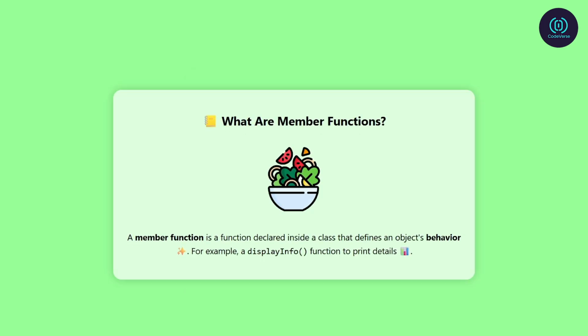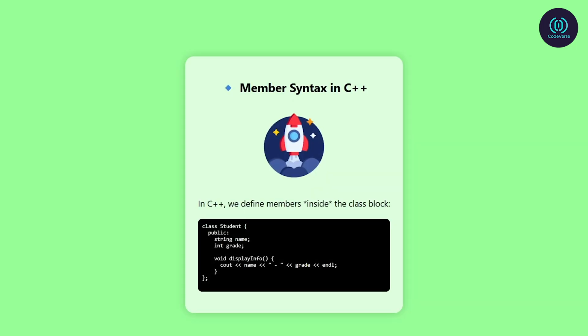Then we have member methods, also called functions inside a class. These define what the object can do. For example, you might add a method like void displayInfo, cout name grade endl. This method can use the object's own data directly, because the class has access to all its member variables. You can define as many variables and methods as you need to model your object.